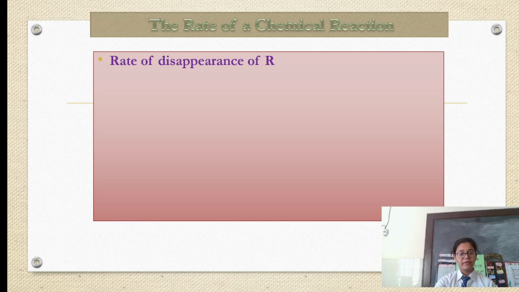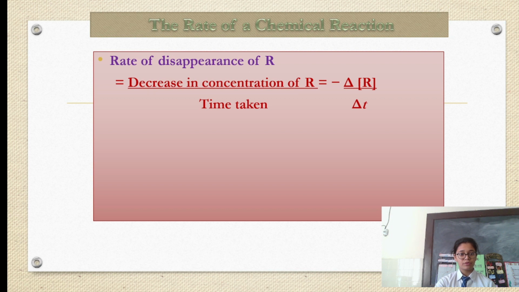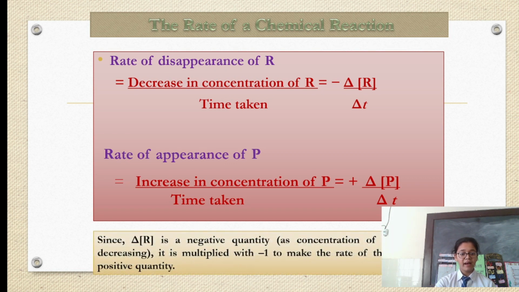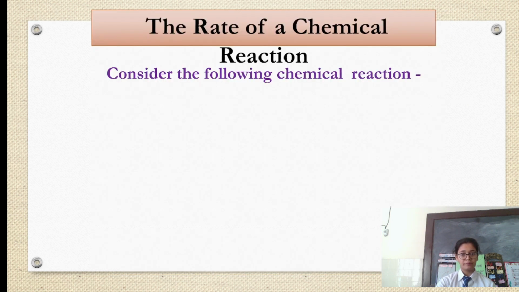The rate of a chemical reaction. Rate of disappearance of R is equal to the decrease in concentration of R divided by the time taken. Rate of appearance of P is the increase in concentration of P divided by the time taken. Since delta R is a negative quantity, it is multiplied by -1 to make the rate of the reaction a positive quantity.